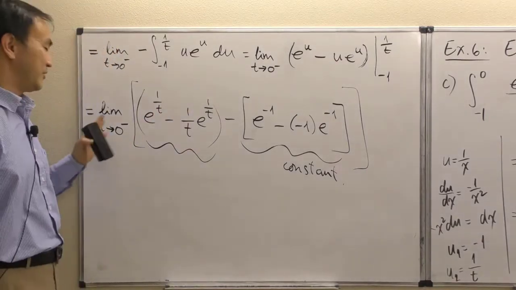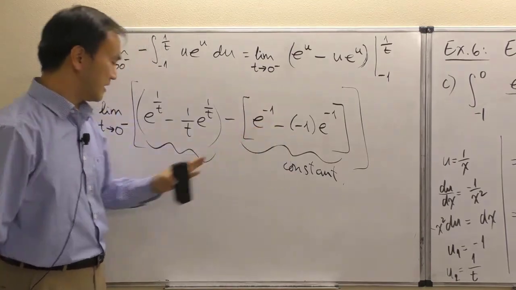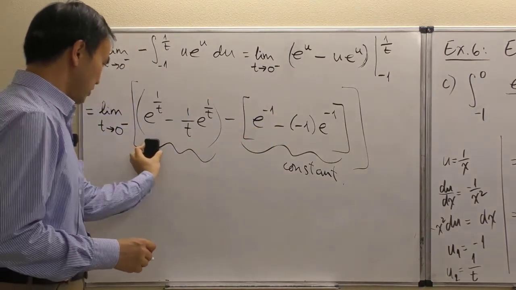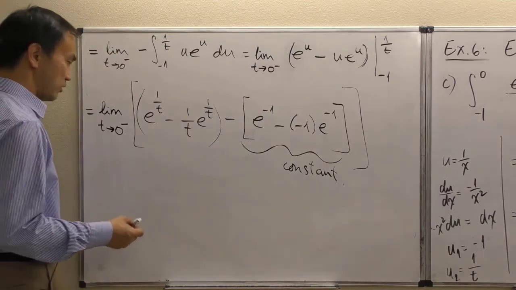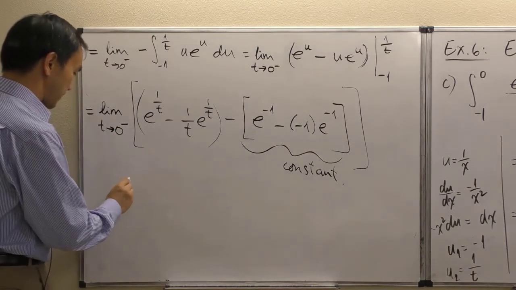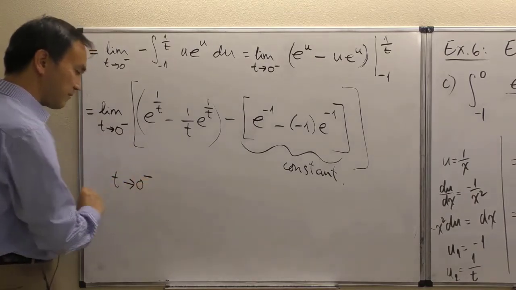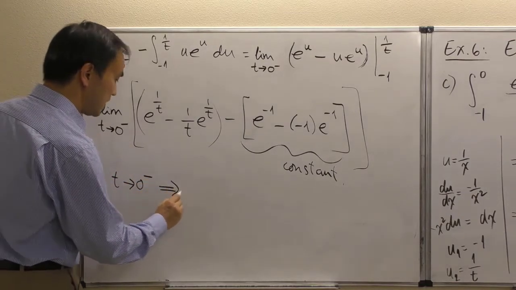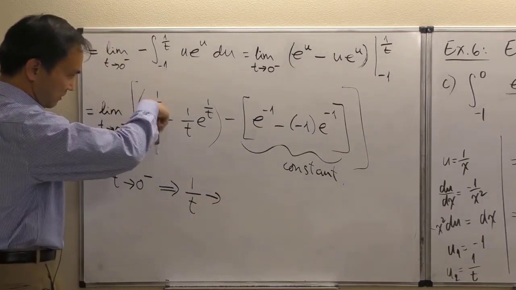Everything else is going to be a constant. I can quickly explain, and you can always utilize your understanding from Calculus 1. Think about the t variable here, as t is getting close to 0 from the left-hand side.